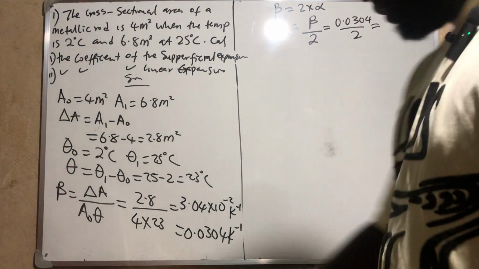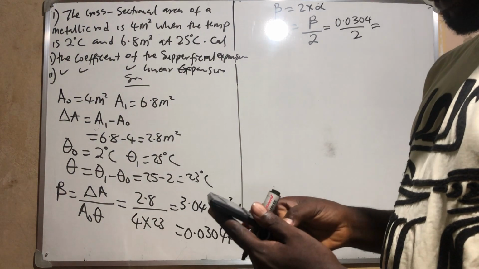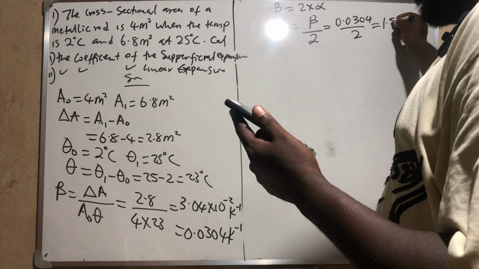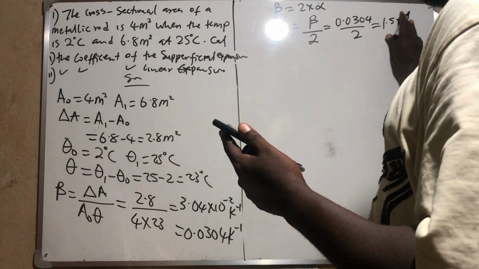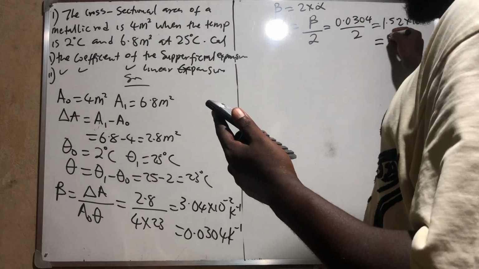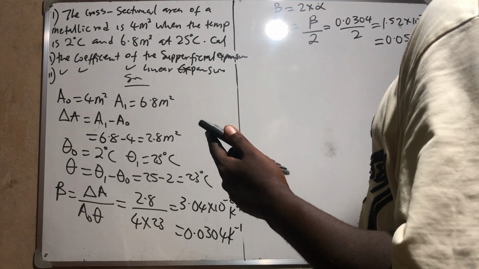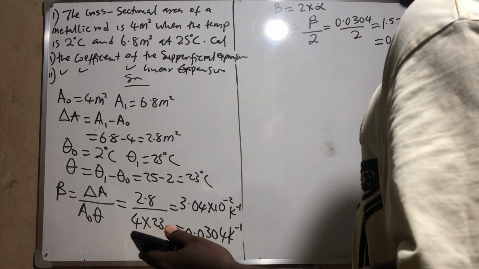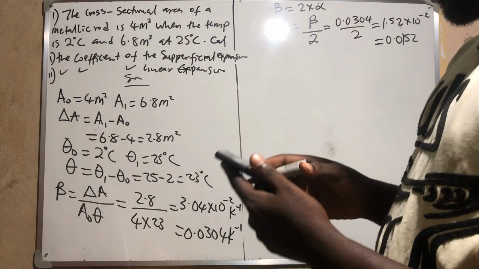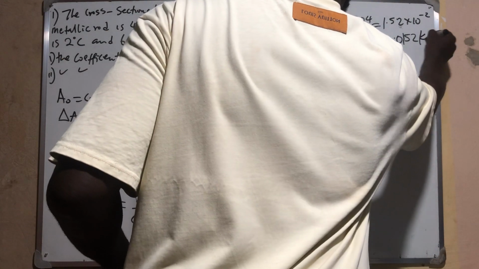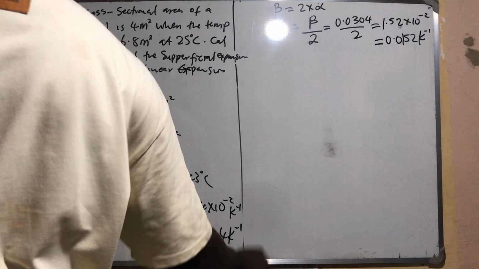So if you now divide it by 2, you have 1.52 times 10 raised to power minus 2, which is 0.0152 per Kelvin. Please don't forget, per Kelvin.